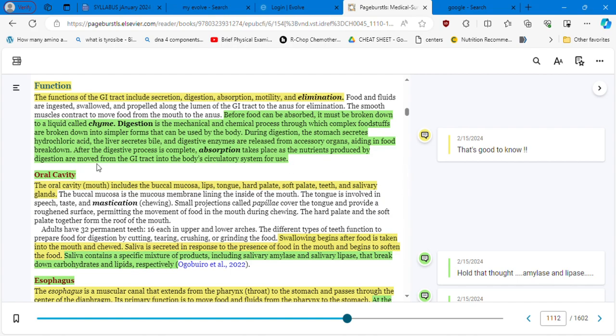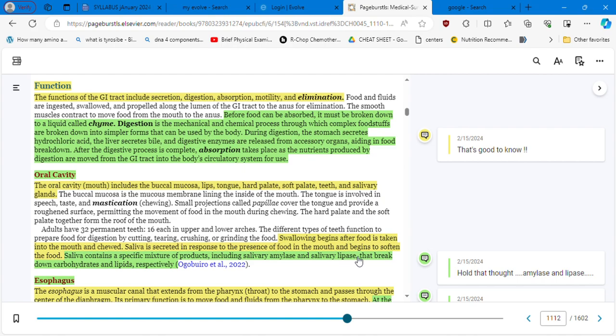The oral cavity, the mouth, includes the buccal mucosa, lips, tongue, hard palate, soft palate, teeth, and salivary glands. Swallowing begins after food is taken into the mouth and chewed. Saliva is secreted in response to the presence of food in the mouth and begins to soften the food. Saliva contains a specific mixture of products, including salivary amylase and salivary lipase.